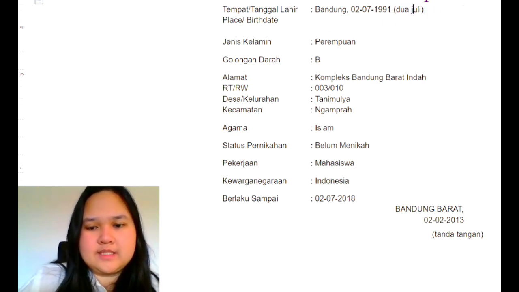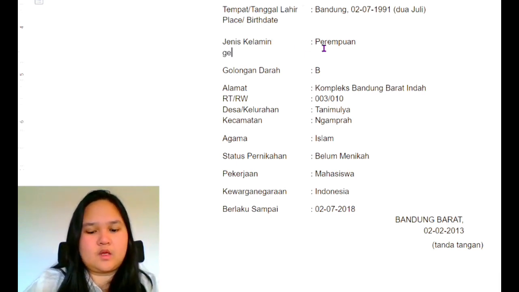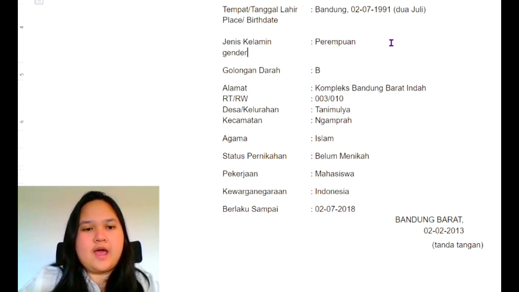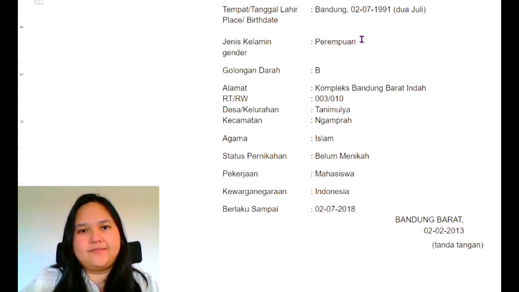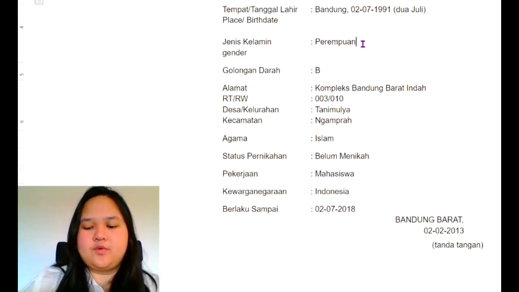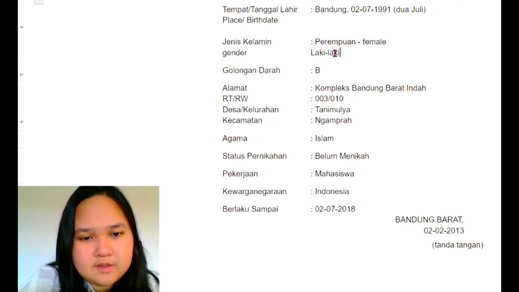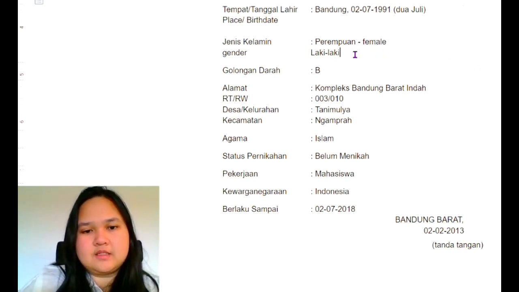And then jenis kelamin. Jenis kelamin is the gender, and the gender is perempuan. So in Indonesia we have two kinds of gender, perempuan, which means female, and then we also have laki-laki, so we double it like this, laki-laki, and it means male.